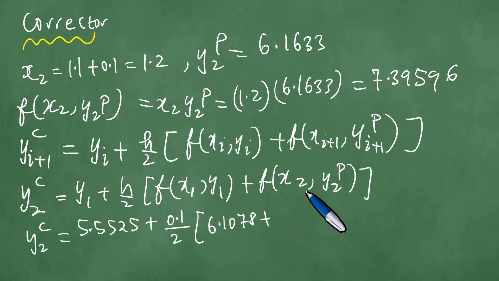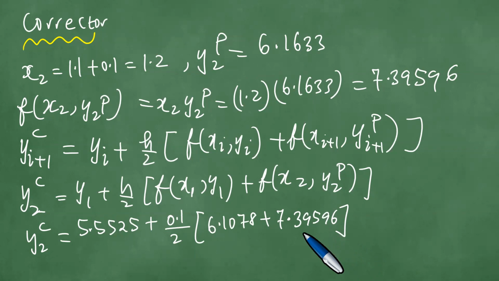Okay, now we have f of this. We got this one here, which is 7.39596. Okay, let's just do this carefully.